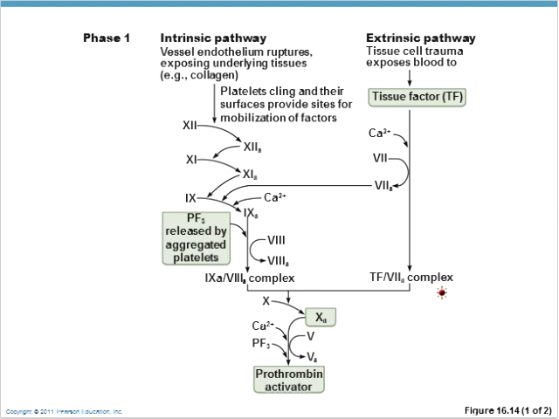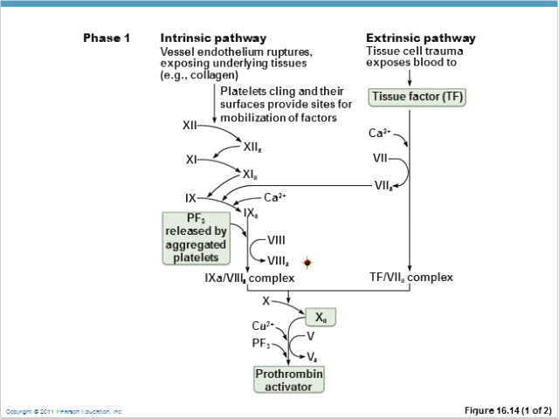In the intrinsic pathway, the vessel endothelium ruptures, exposing the underlying tissues. The platelets cling, and their surfaces provide sites for mobilization of factors. Factor 12 becomes factor 12A. Factor 11 becomes factor 11A. Factor 9 with calcium, and factor 7A from the extrinsic system, activates factor 9A, and you can see that PF3 is released by aggregated platelets.